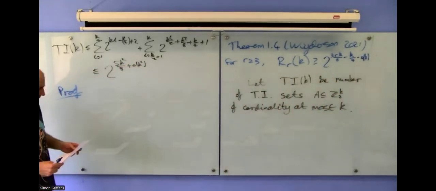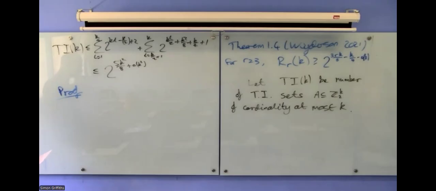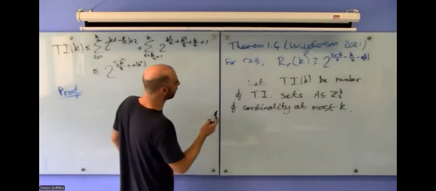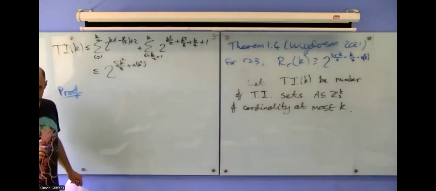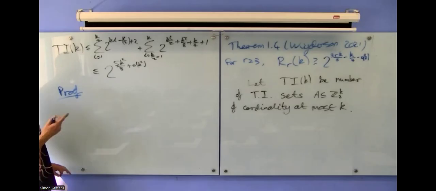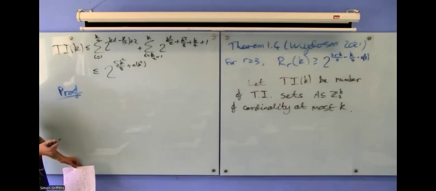Anyway, so let's prove the Wickerson result then. Just a question, I'm assuming something about K, is it even? Well, yeah, so thank you, because for some of the algebraic properties it's useful.